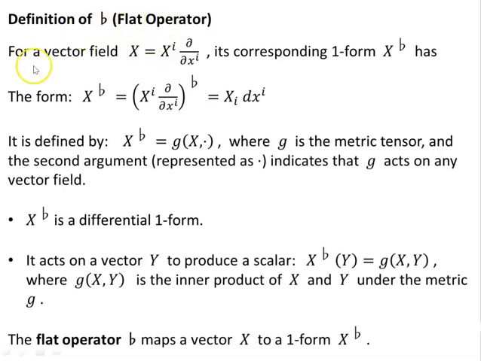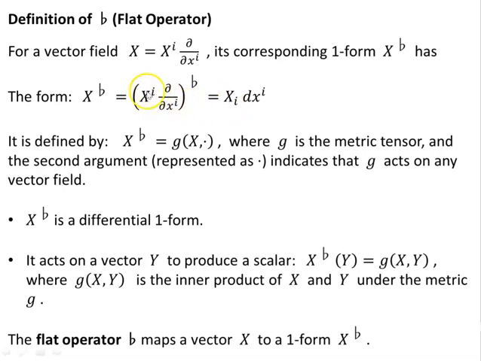So, definition of the flat operator. For a vector field X, written in terms of its components and basis vectors, X^i ∂_i, its corresponding one form, X flat, has the form X^♭ = X_i dx^i.